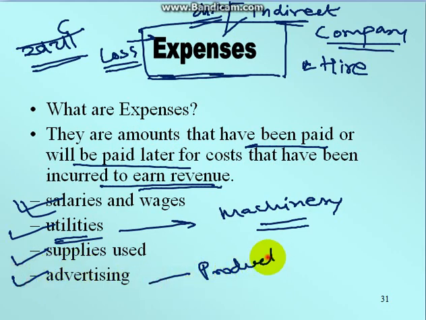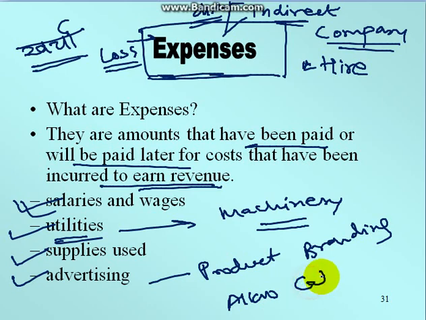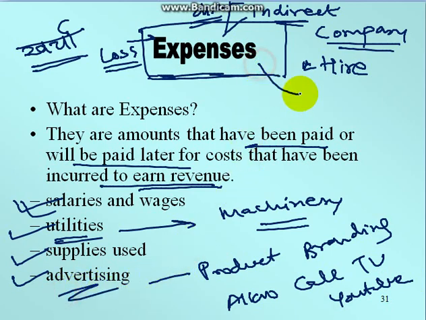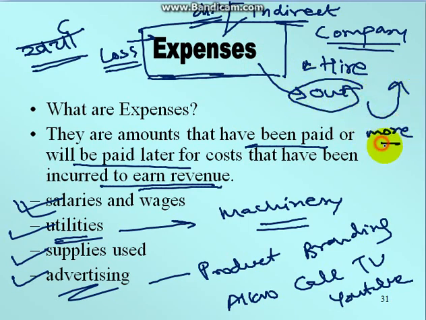For example, marketing of the product, if you do branding, or some kind of advertisement, for example announcing, or you send calls to the customer, or you produce a TV ad, or a YouTube ad, or any kind of advertising, or the money which is actually going out from the company for the purpose of generating more profit is nothing but the expenses basically.